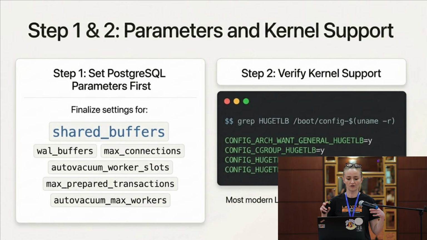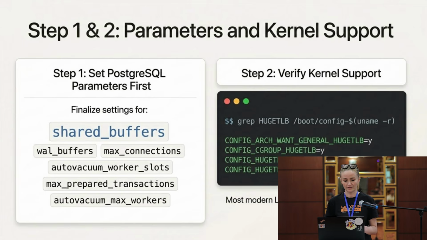Not all of them will change the size of the shared memory needed for this instance. The biggest chunk is always shared buffers, but there are some other parameters that also influence the shared memory size needed for Postgres. So instead of going through a list and checking one by one, just set all that you need, and then start configuring HugePages.